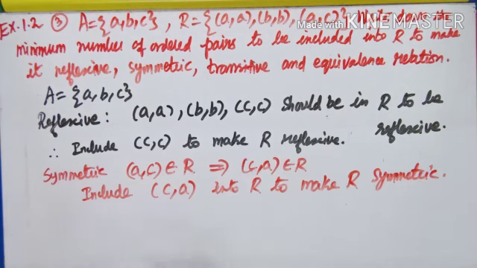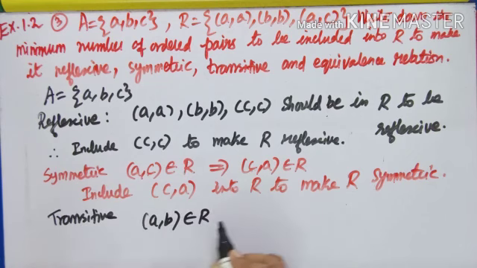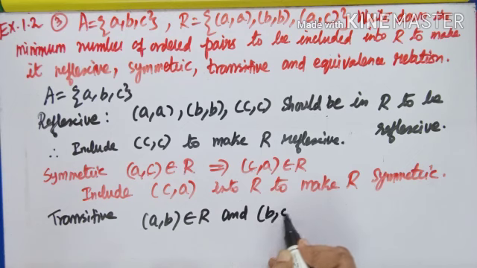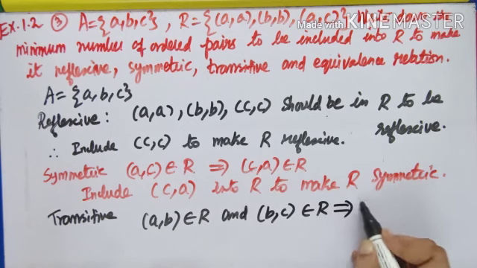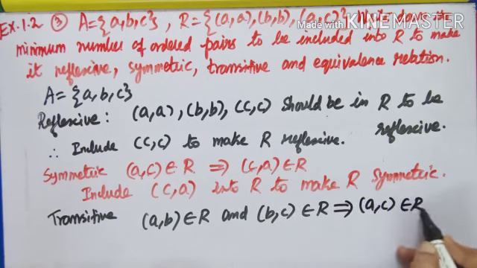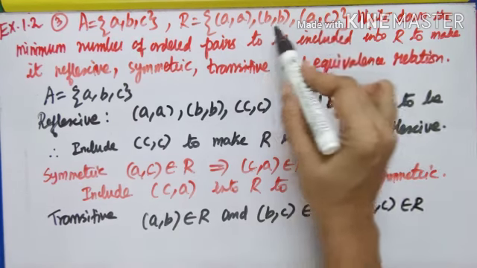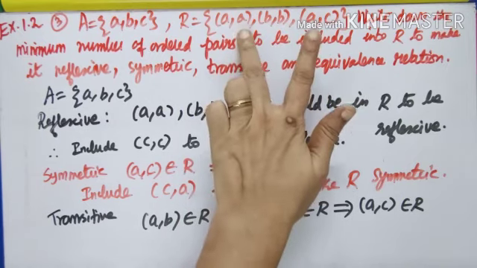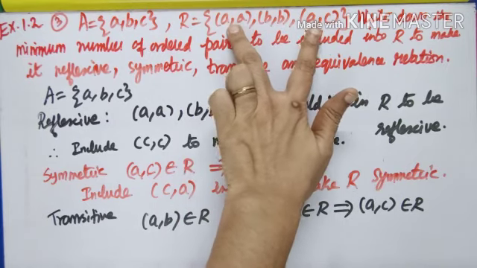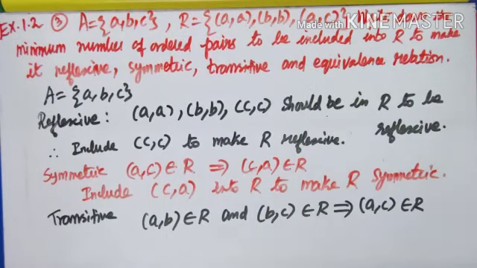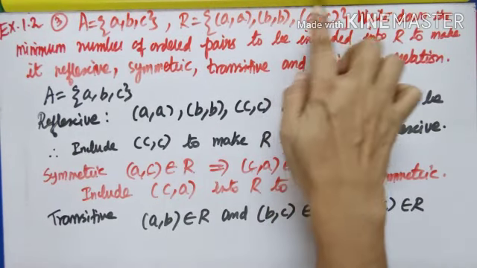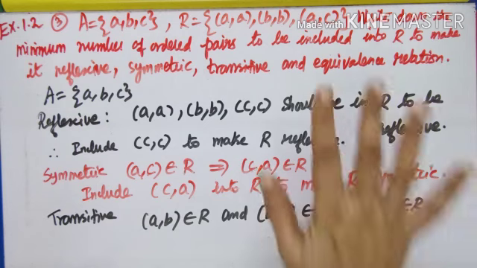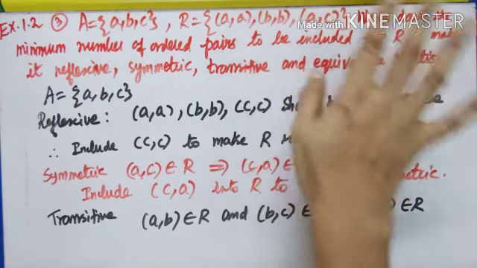What is the third question? Transitive. What is the formula? Whenever (a, b) belongs to R and (b, c) belongs to R implies (a, c) belongs to R. There are only three pairs here. Check it. (a, a): there is no other a here. (a, c): if I join these two, (a, c) is already there. (b, b): there is no b connecting at all here. (a, c) and there is no c connecting.